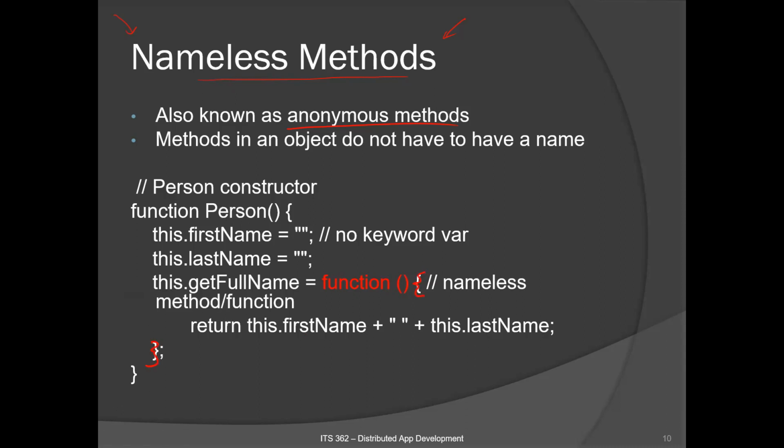It starts to make sense because of the way that you start to write this. So you say function, just a keyword, but no name, open parentheses, close parentheses, curly bracket. This is just a comment, right? So comment, nameless method. And then inside it's just regular code. Return this dot first name, concatenate it with this last name.